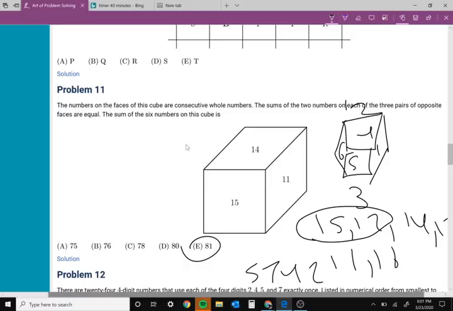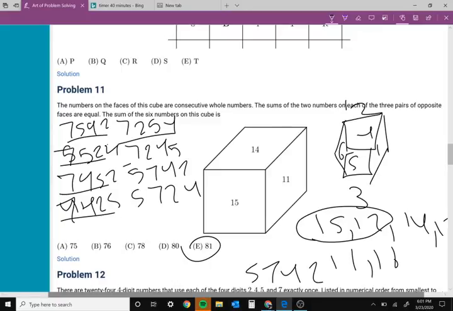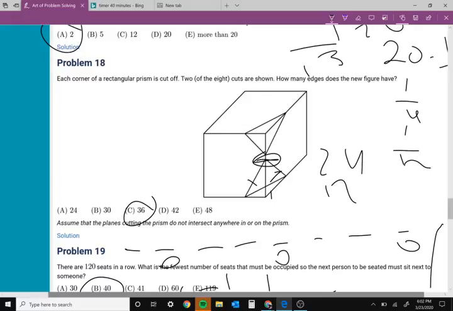So we're going from the top down: 24th, 23rd, 22nd, 21st, 20th, 19th, 18th, 17th. 5724 is our answer. I believe we have completed this.